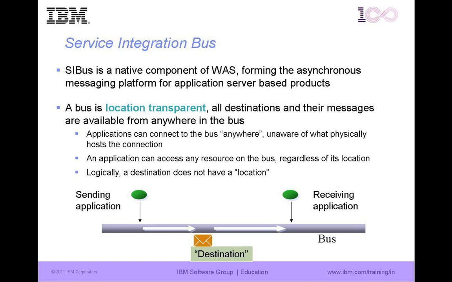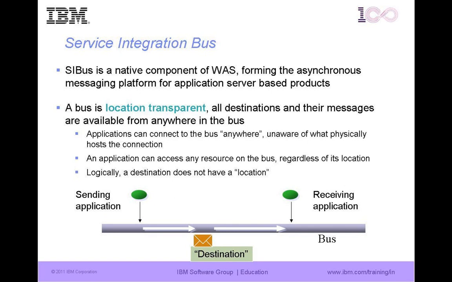So your application wanting to connect to a destination can run across any of the nodes, any of the servers, and it can send and receive the messages from the destination without knowing where exactly this destination is physically hosted. That's a primary advantage that SI bus has to deliver from a location transparency perspective.